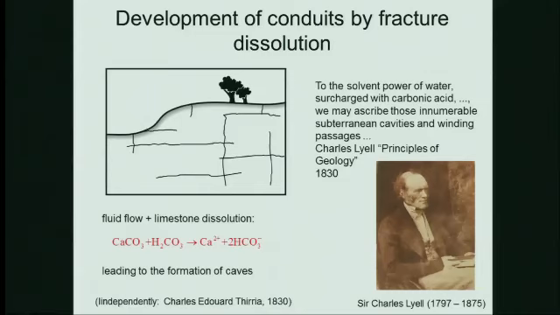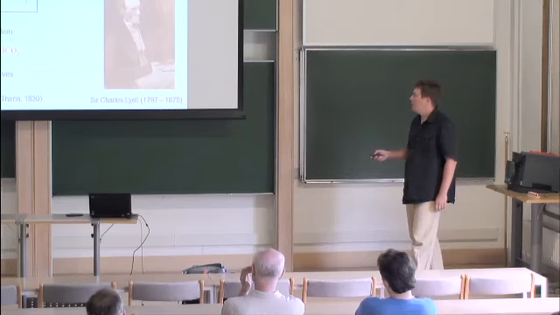And there was a long-standing controversy on how caves are formed, and the hypothesis which is accepted right now is that they formed as a result of the dissolution of calcium carbonate contained in limestone by water surcharged with carbon dioxide, with CO2, which forms a weak acid, carbonic acid.